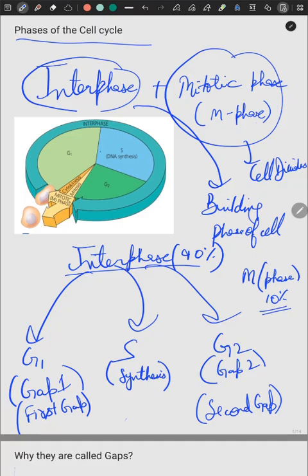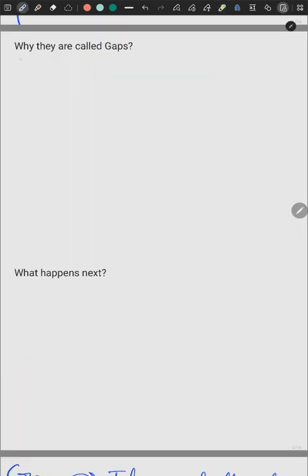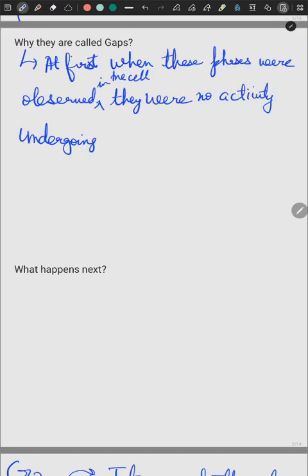Okay, now the question arises: why are G1 and G2 called gaps? They were called gaps because when they were first observed in the cell, there was no activity going on in them.